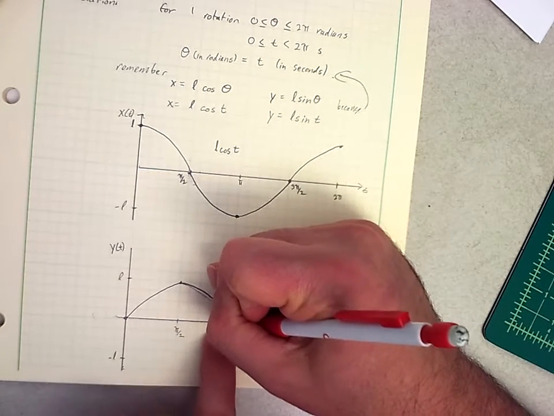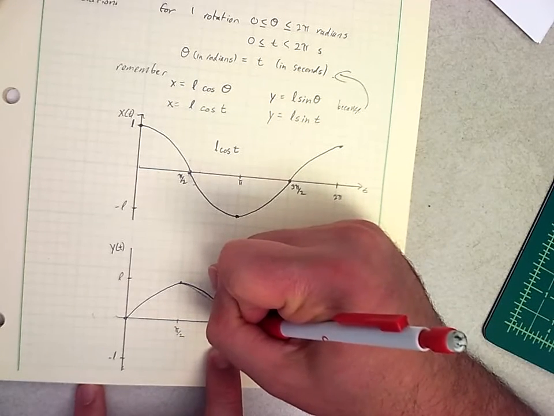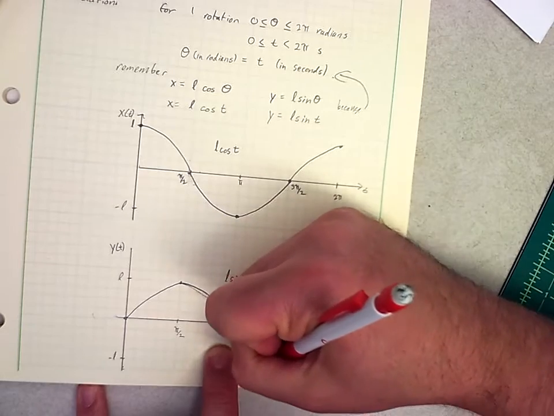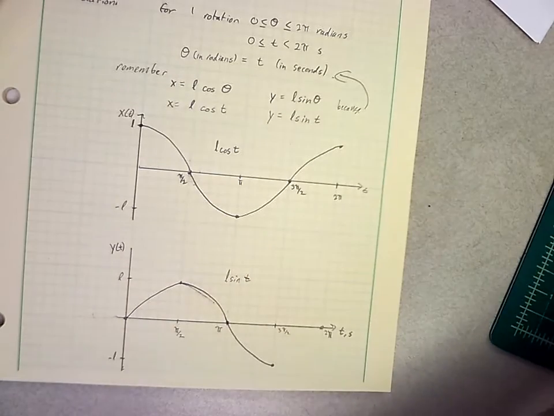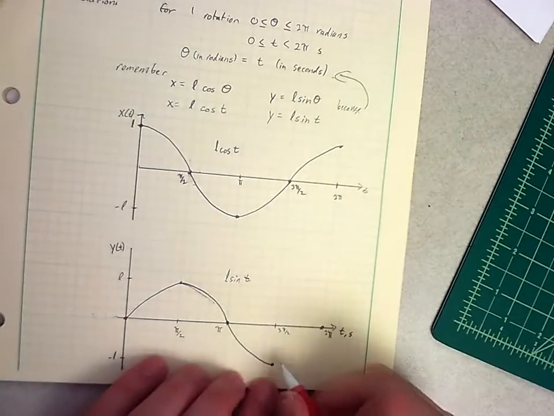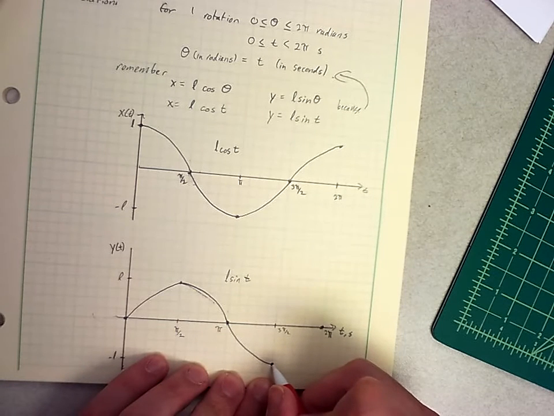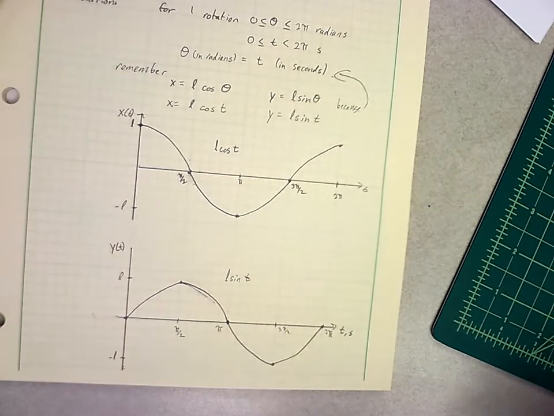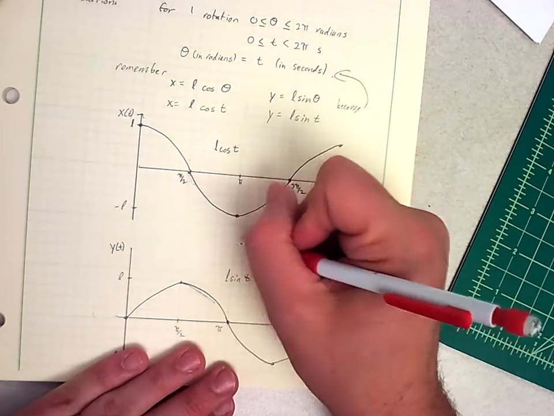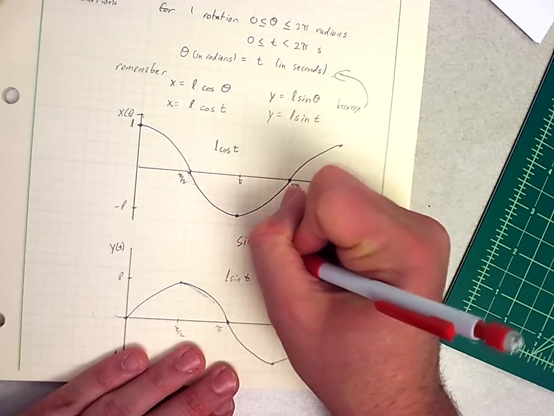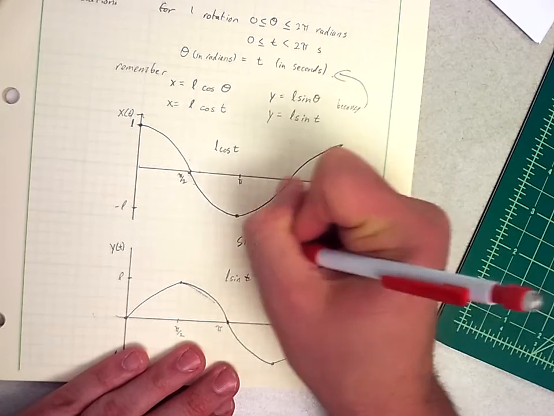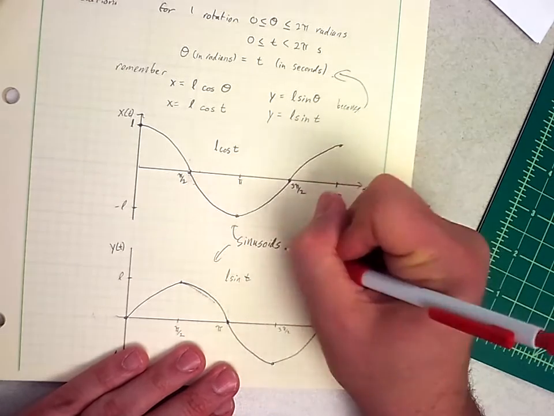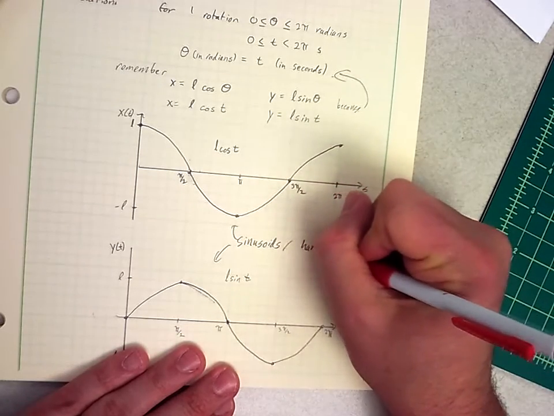When we get to 180 degrees or pi, we curve it back that way, and then it would curve back up there. And so both of these are what we call sinusoids, or they're also called harmonic signals.